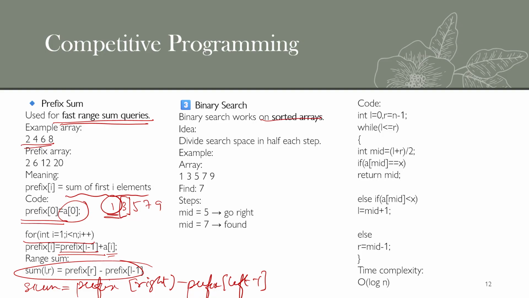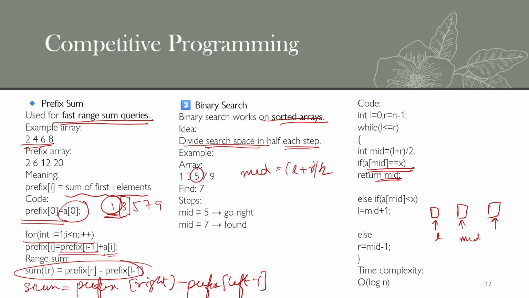Binary search works on sorted arrays. We have covered binary search. It reduces your search space into half at each step, mid is L plus R by 2. If your middle element is equal to your target, you return the middle element. Suppose this is your left, your mid, your right.